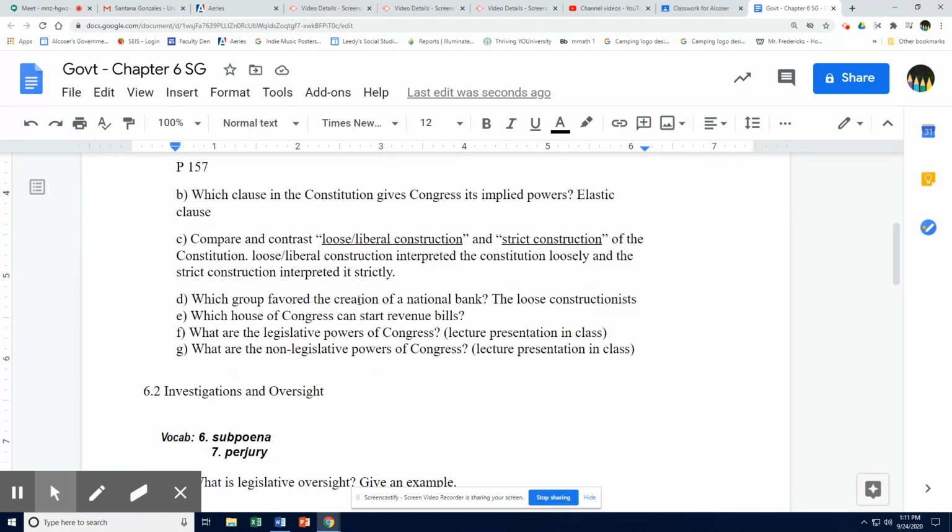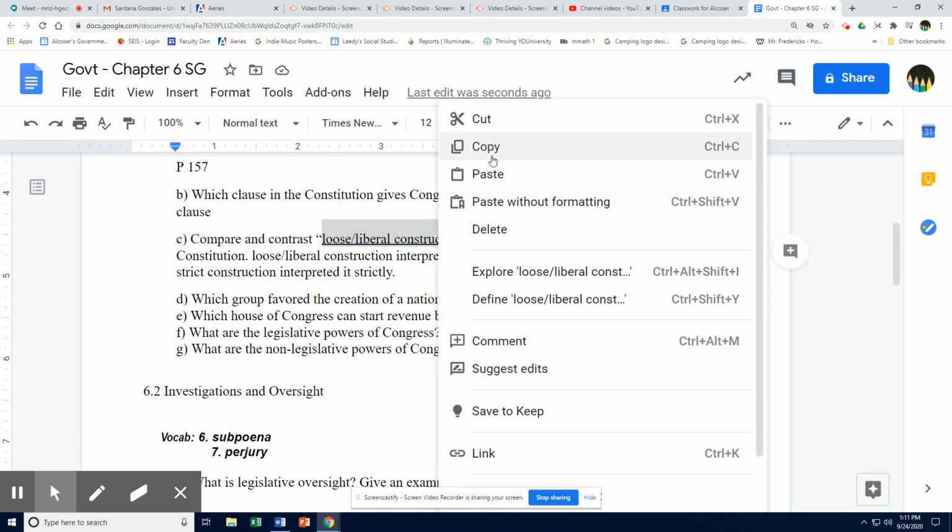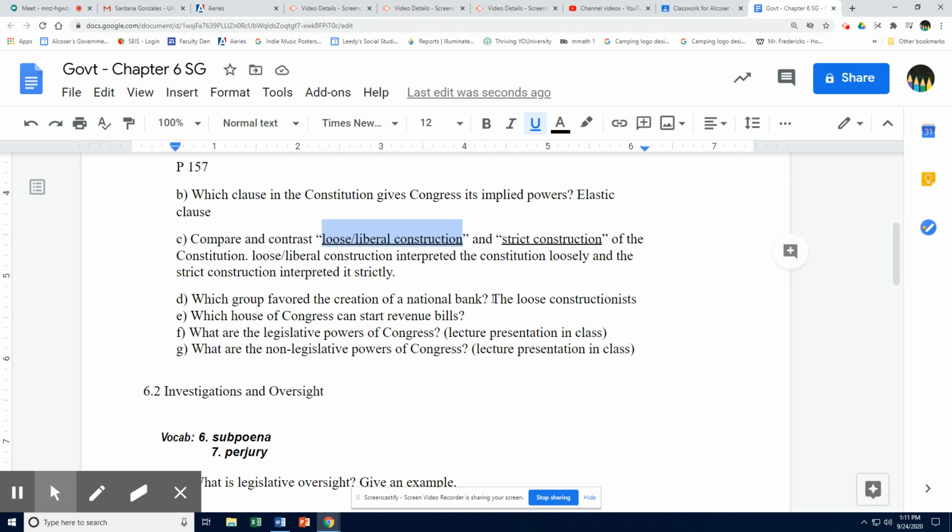Okay, which group favored the creation of a national bank? So it does say that. It says the strict constructionists said Congress had no right to charter the bank. So in that same section, we're looking at that, the loose constructionists. Which House of Congress can start revenue bills?